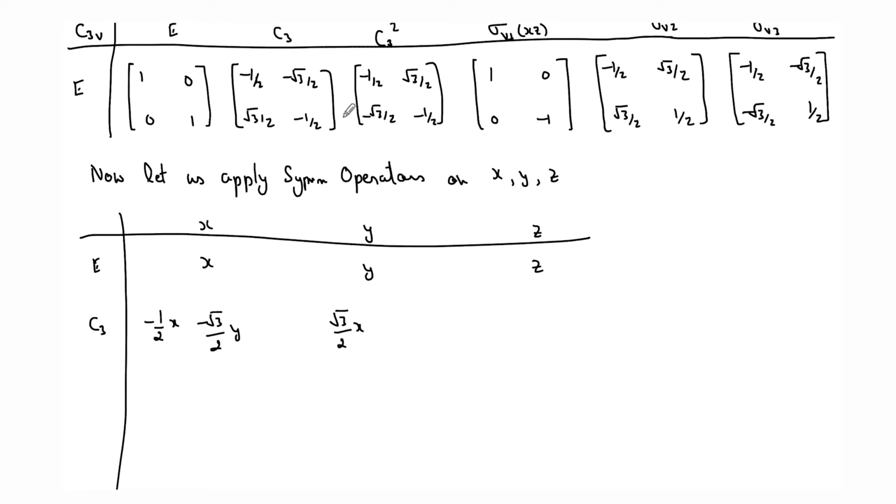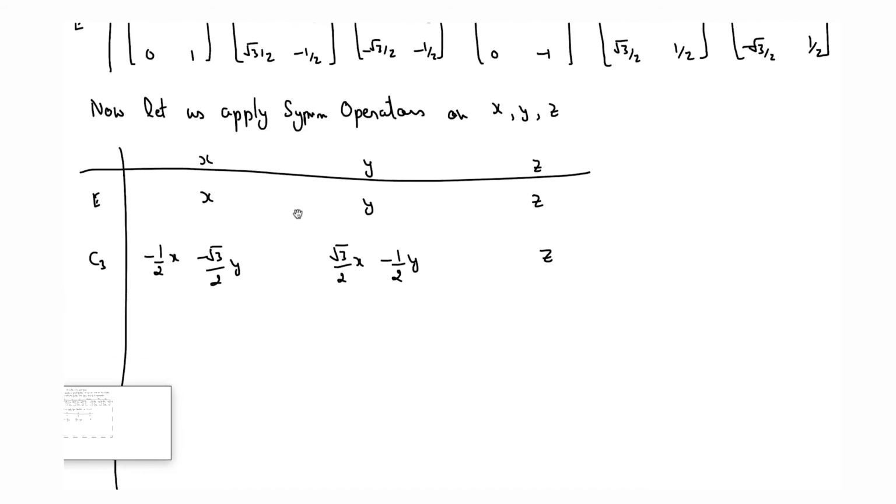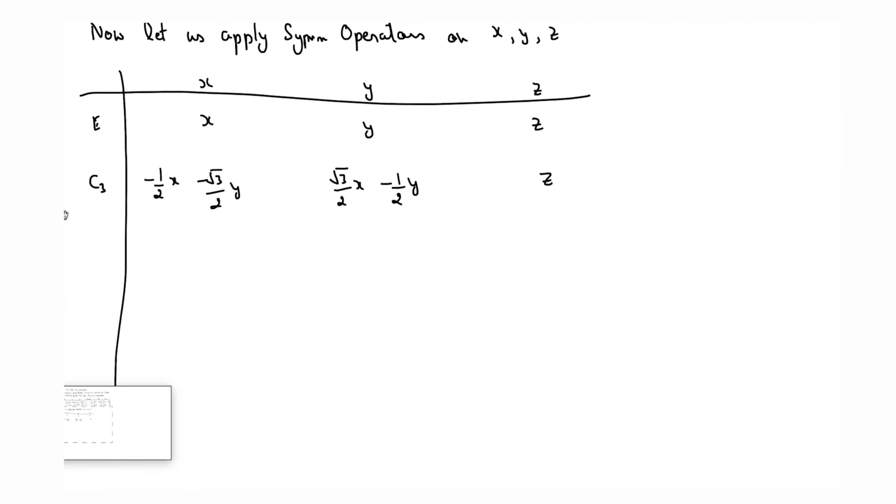If you do it on x and y, whatever resultant you get, you can just write over here. This is minus half y. So these two matrix elements are coming from here and here, and these two are coming from here and here, right? And z remains as z because C3 is lying along the z axis. Similarly, I'm just going to write all the resultants of various operators onto this.